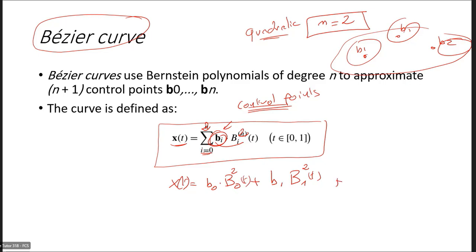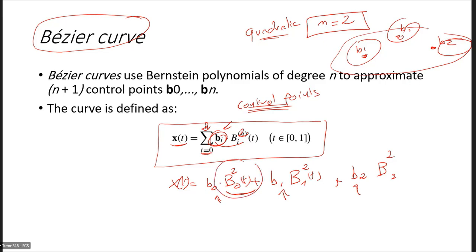Plus, the last value i will be 2, so B2 multiplied by the Bernstein b_2,2. These B0, B1, B2 are the control points that we use to make the curve. And here we have b_0,2 of t, b_1,2 of t, and b_2,2 of t.